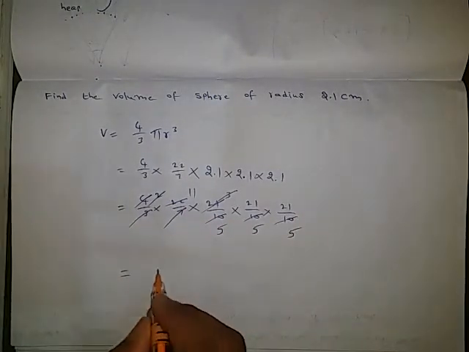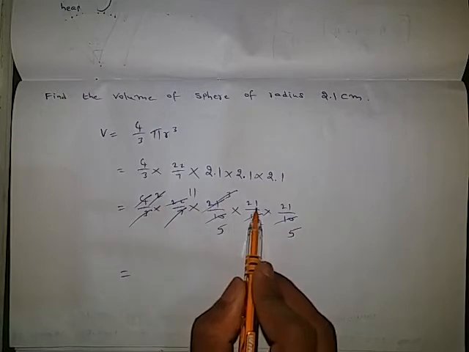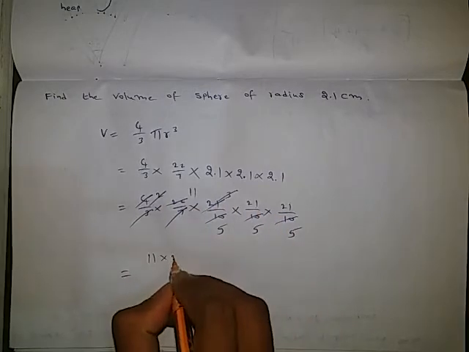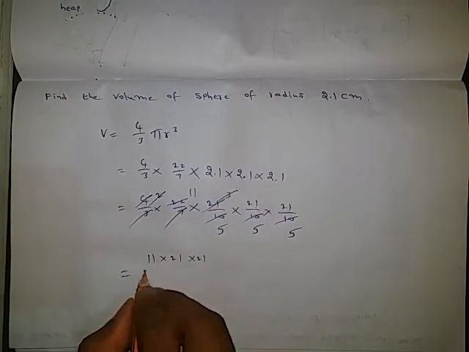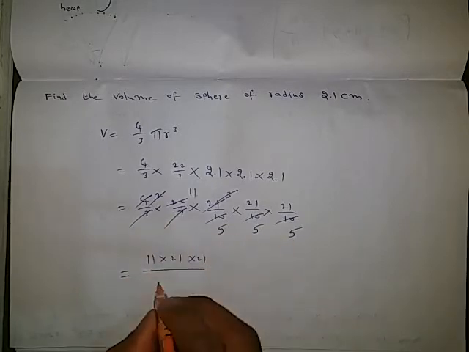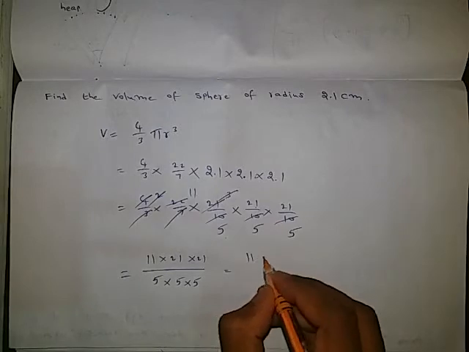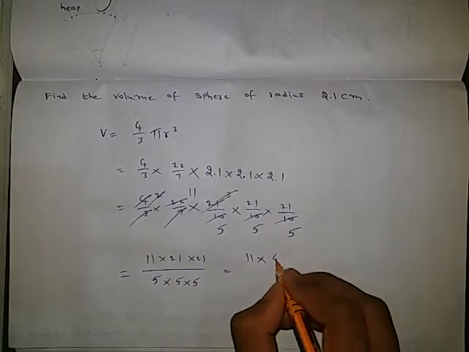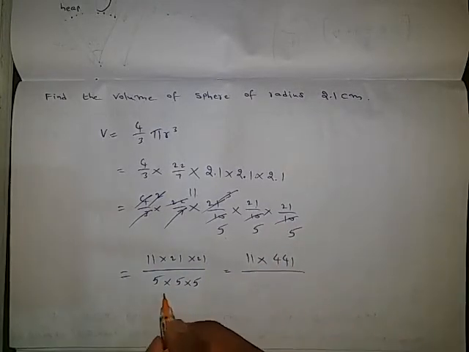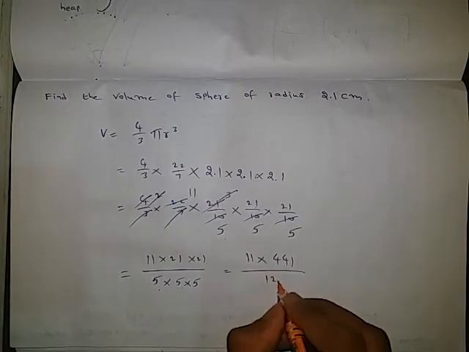So we remain with, in the numerator, 11 into 21 into 21, whole divided by 5 into 5 into 5, which is equal to 11 into 21 into 21, 441, divided by 5 into 5 into 5, 125.